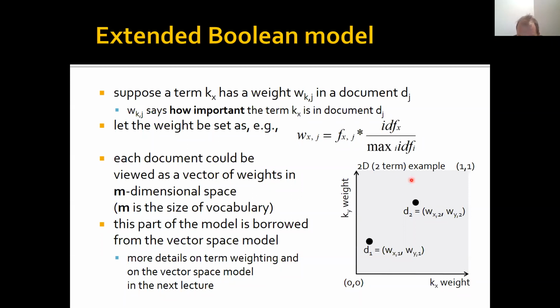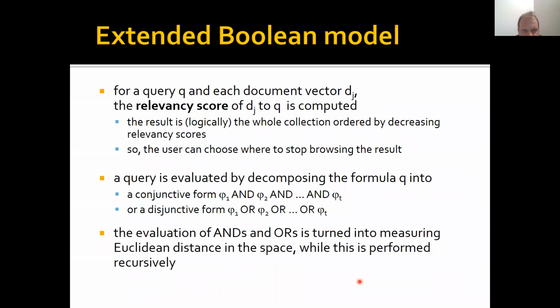Now, how to use this completely new information with the querying? And this probably is a problem, because when we have a query and document vector, now it's real value document vector, we need to compute the relevancy score of the document vector to the query.